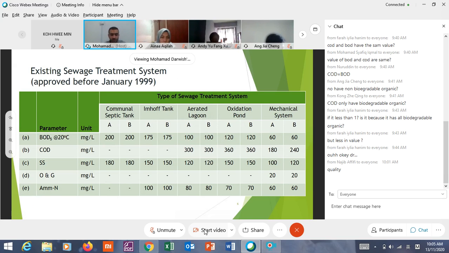So for each unit, what is the standard of discharge treatment, not for the whole treatment plant, but for each unit. This is only for your information. You don't have to memorize all the numbers, but at least you should know the differences between A and B and why we follow these regulations.